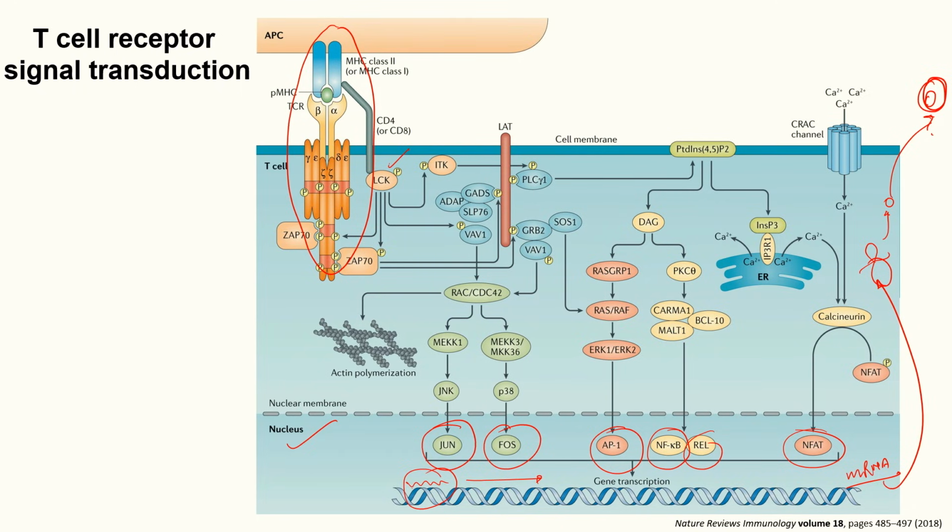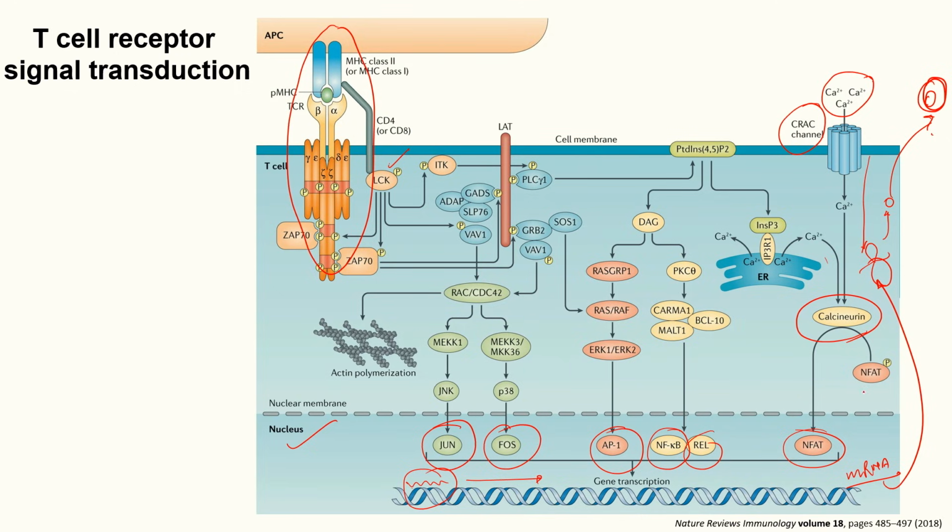Two important aspects which we will discuss here. The first thing is calcium influx. We can see that this channel which we discussed, the calcium regulatory channel, can influx calcium inside, and calcium can also come out from the endoplasmic reticulum, the stored calcium, because we have activated certain pathways. Because of this, there is a protein in the cytoplasm called calcineurin, and calcineurin can do dephosphorylation.